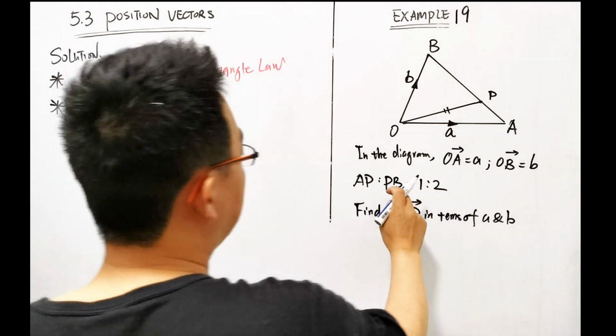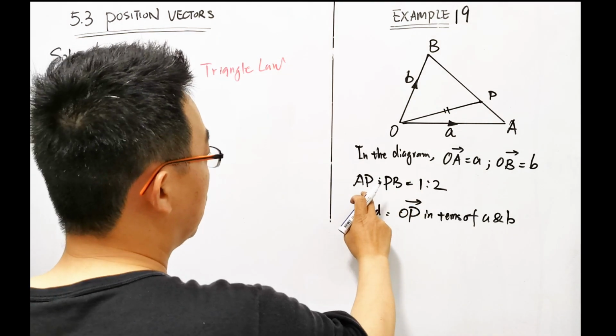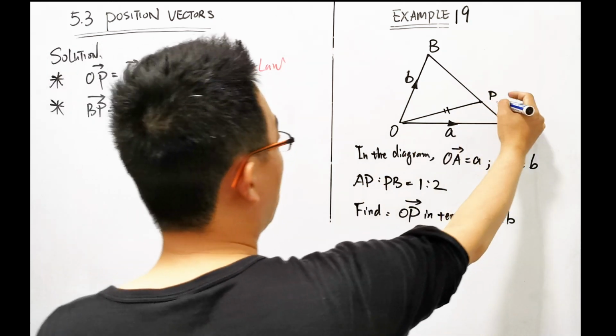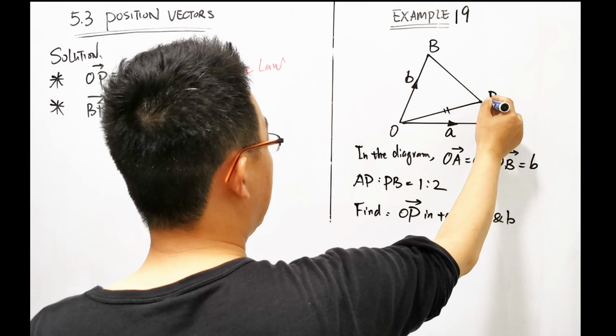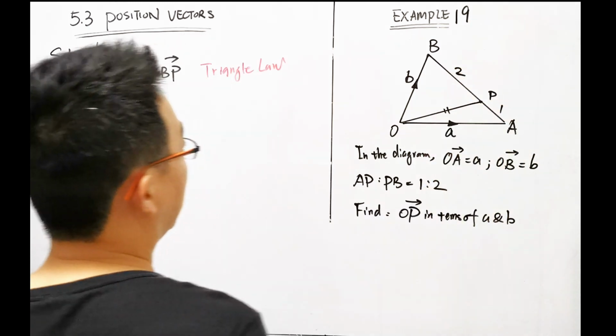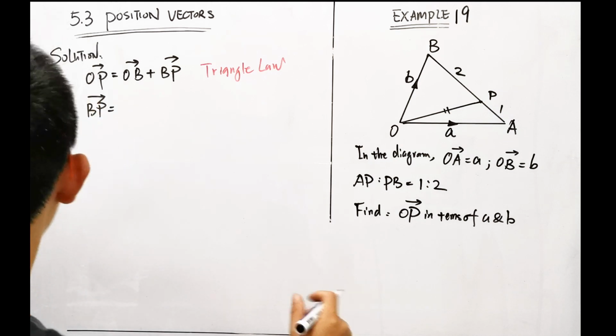BP, so basically from here we see that AP is 1 and BP is 2, right? This is the ratio. For example, we put this ratio.